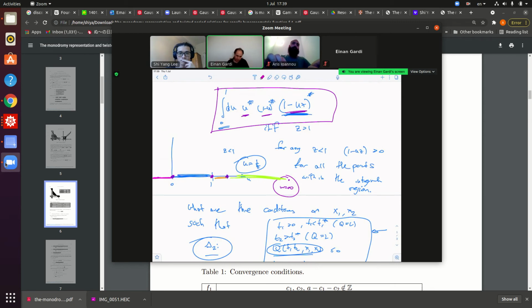So if you define one of them, let's call it gamma 1, as the integral from 0 to 1, and gamma 2 as the integral between 0 and 1 over z, then you can express also the others.